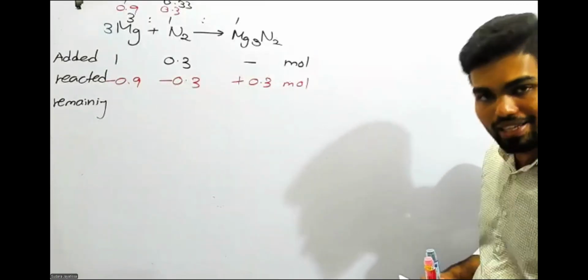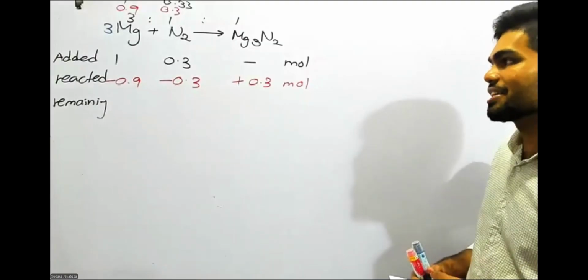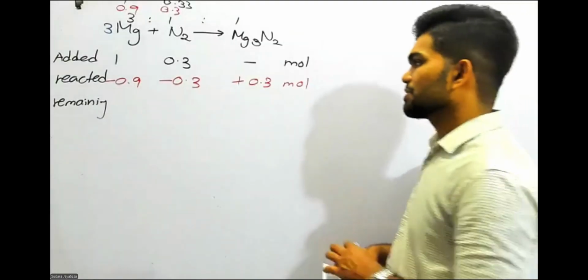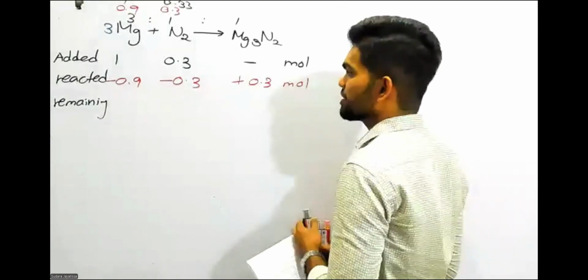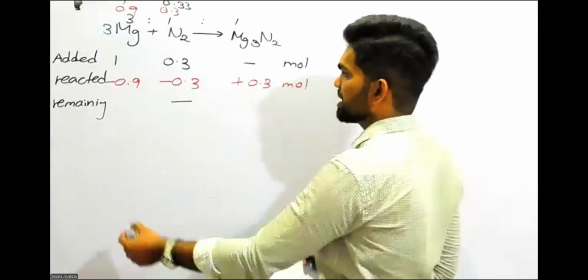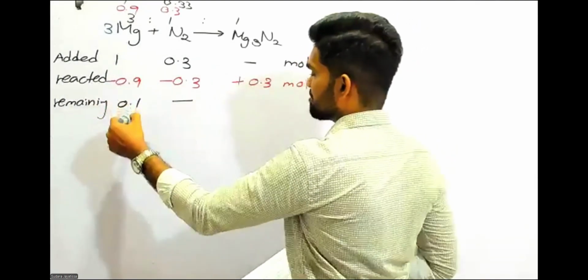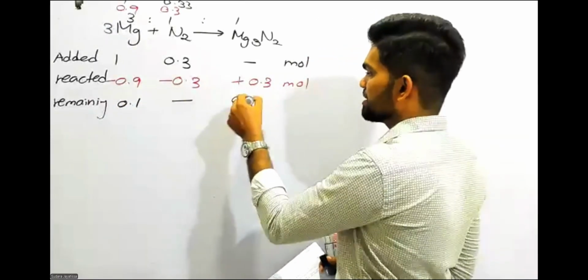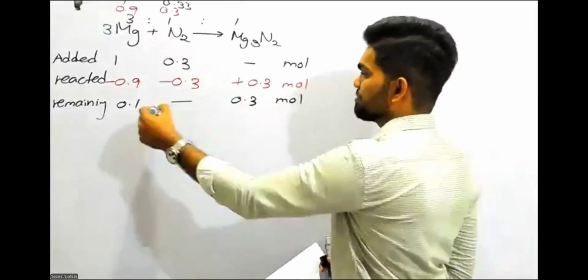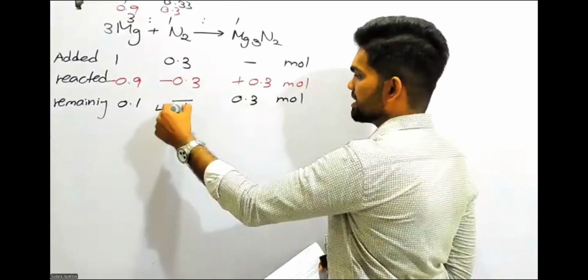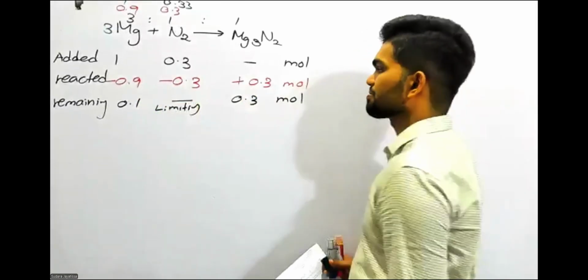We have only 0.30. That is not enough. So our N2 is the limiting reactant, so it will be fully consumed and there will be no N2 remaining. Only 0.1 mole of magnesium will remain, and 0.3 moles of magnesium nitride is formed. The one that finishes first we call the limiting reactant.